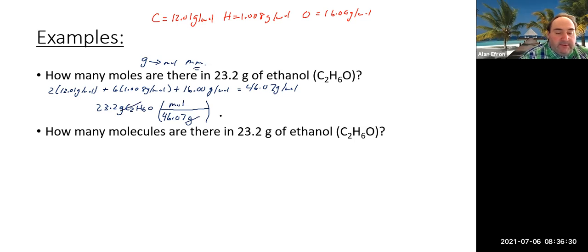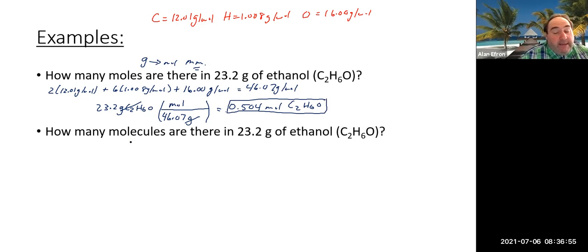Grams cancel, and we take 23.2 and divide it by 46.07, and that gives us 0.504 moles of ethanol. Any questions on the first part of the calculation there?